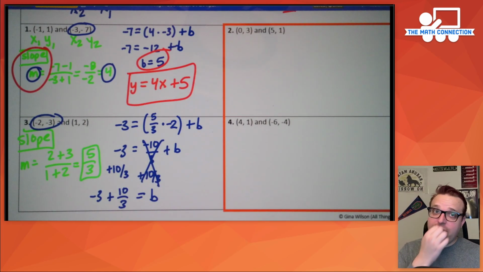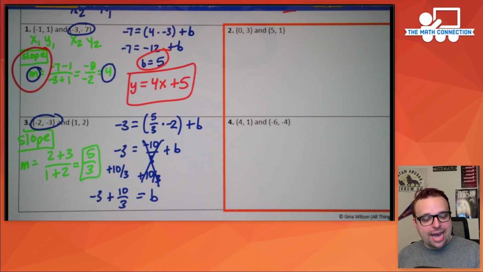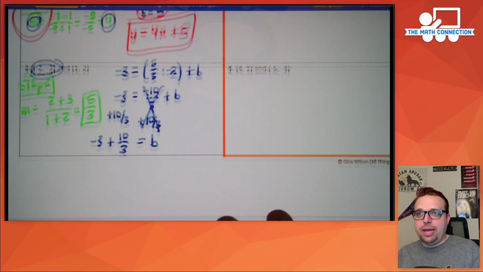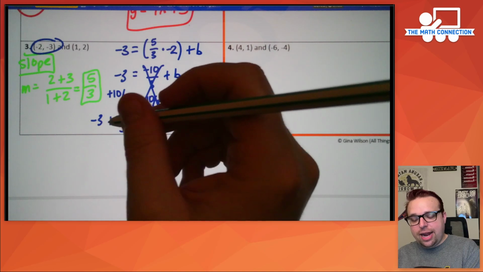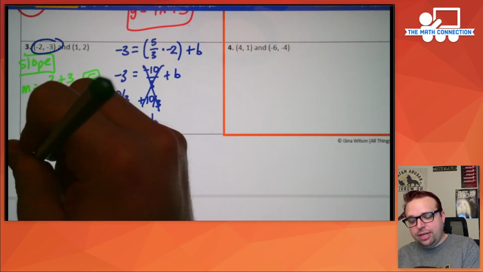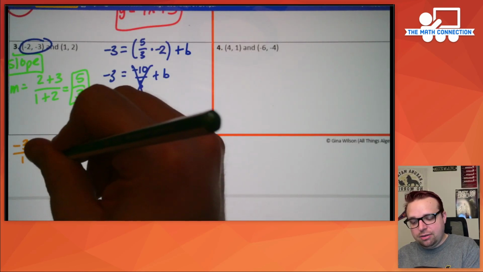How do you solve that, right? So you need to have a common denominator to add these. So let me switch colors here. Let's do like orange, right? So I'm going to use the space at the bottom of my page to show this. So if I made this negative 3 be divided by 3, so really negative 3 is negative 3 over 1, right? Plus 10/3.